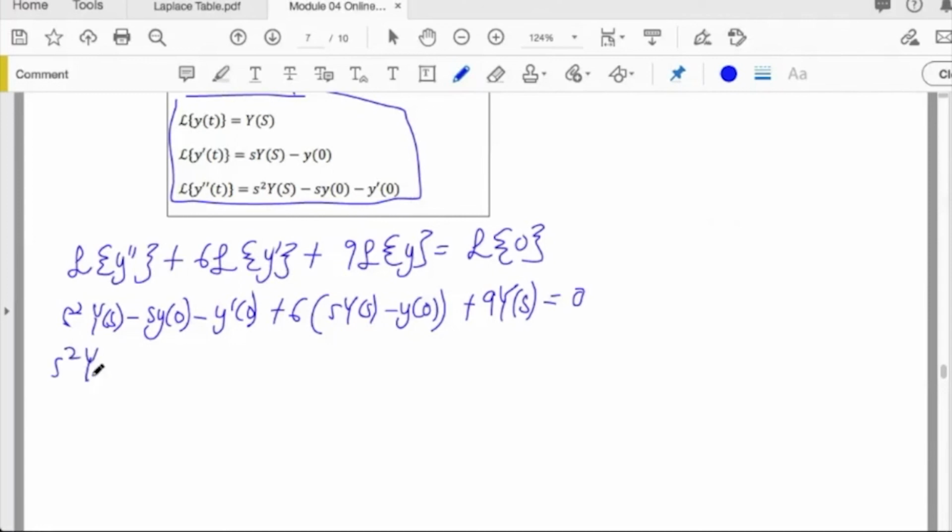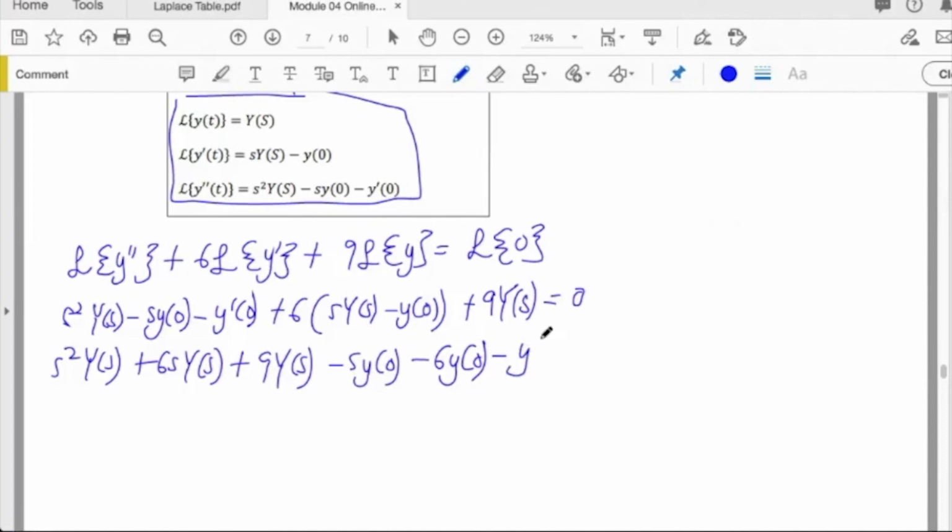You can further group Y(s) terms: s squared Y(s) plus 6s Y(s) plus 9 Y(s), minus s y(0), minus 6 y(0), minus y prime(0), equal to 0.